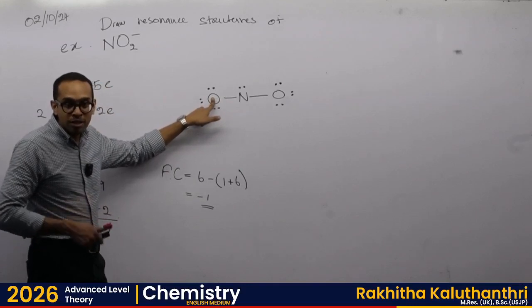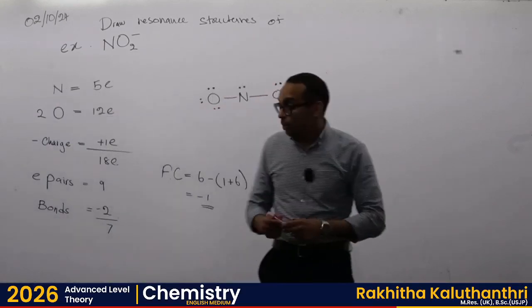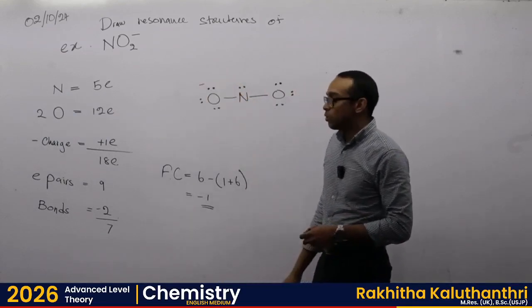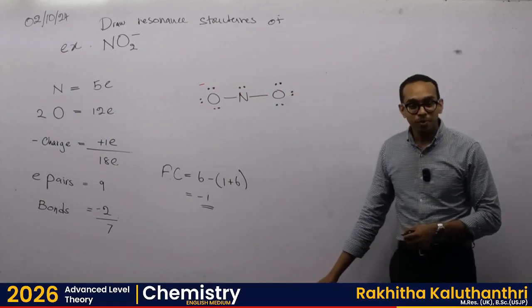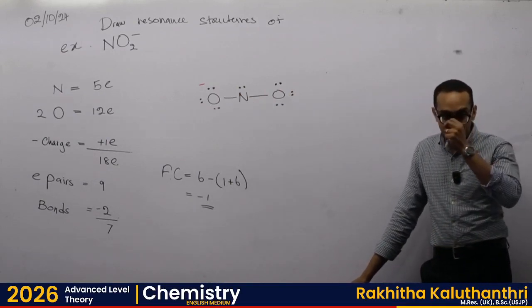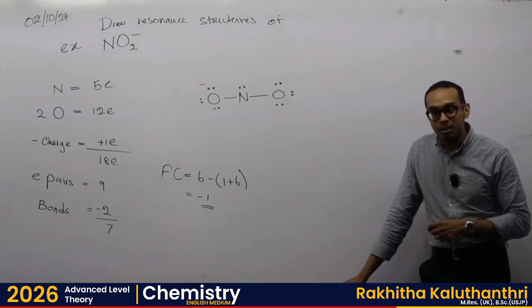So therefore 7 electrons around there. So 7 electrons belong to oxygen in this case. That means oxygen is holding more than its valence electron number. 1 more, right? Valence electron number should be 6, but oxygen has 7 of its own electrons, meaning 1 additional electron is there. Is that clear?